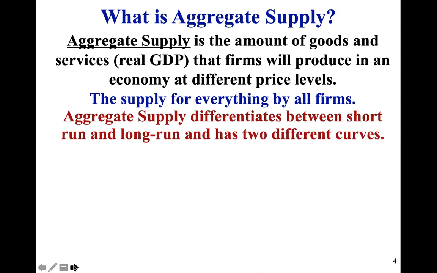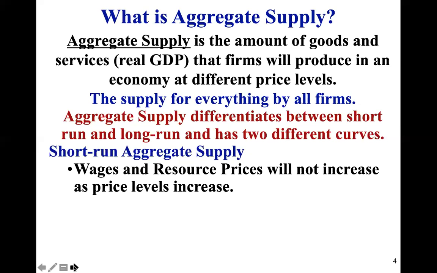And the aggregate supply is a little bit trickier than aggregate demand because it differentiates between the short run and the long run. So there are actually two different aggregate supply curves, okay? In the short run aggregate supply, we are going to assume that wages and resource prices will not increase as price level increases, okay? So in the short run, wages and resource prices are fixed, okay?